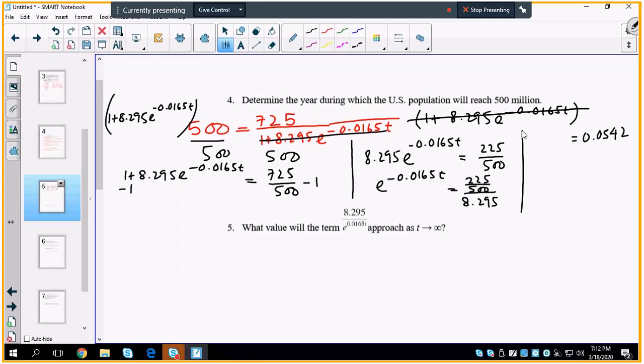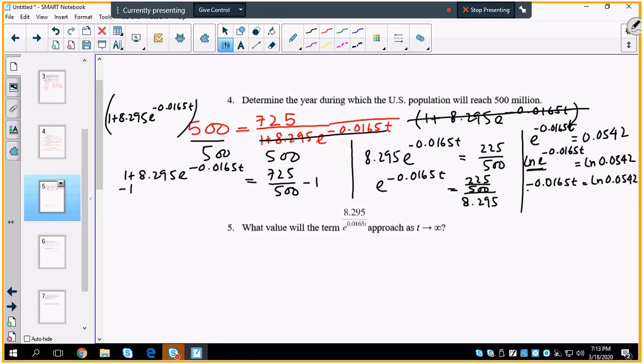Left hand side is e to the power minus 0.0165 t. Remember, this is an exponential equation, so you will take natural log on both sides. So they will cancel, and you get negative 0.0165 t equal to natural log of 0.0542.